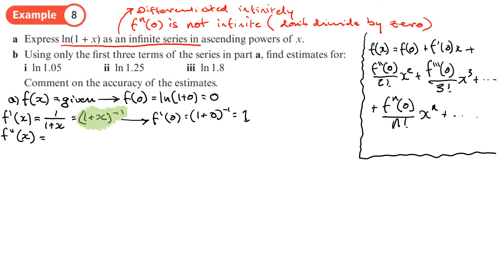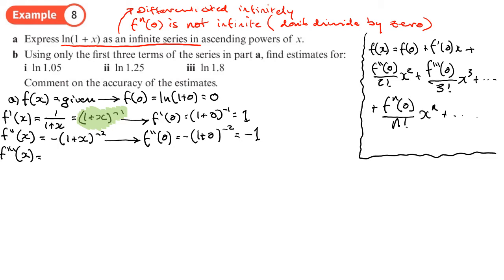Using the chain rule, I'm going to get negative 1 plus x to the power negative 2. f double dash of 0 then is going to be negative 1 plus 0 to the power negative 2, which is just going to be negative 1. Third derivative.